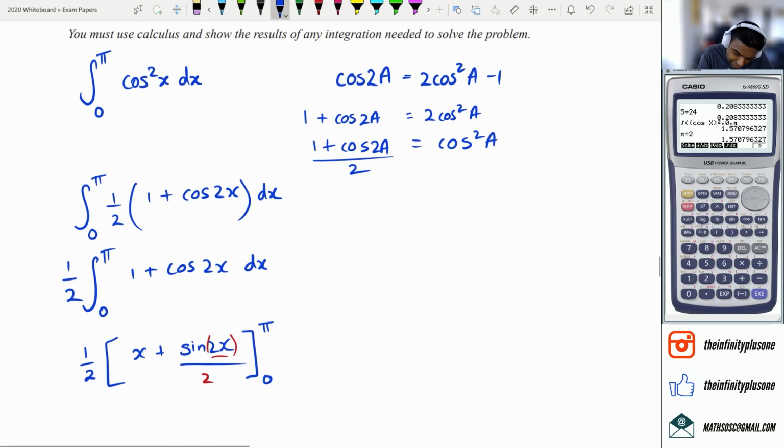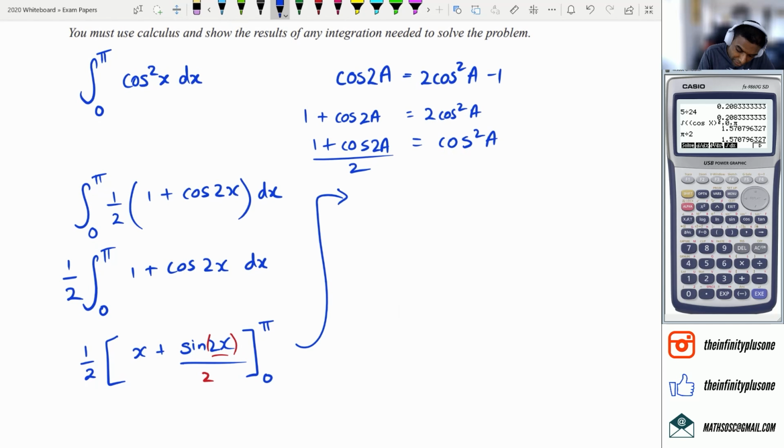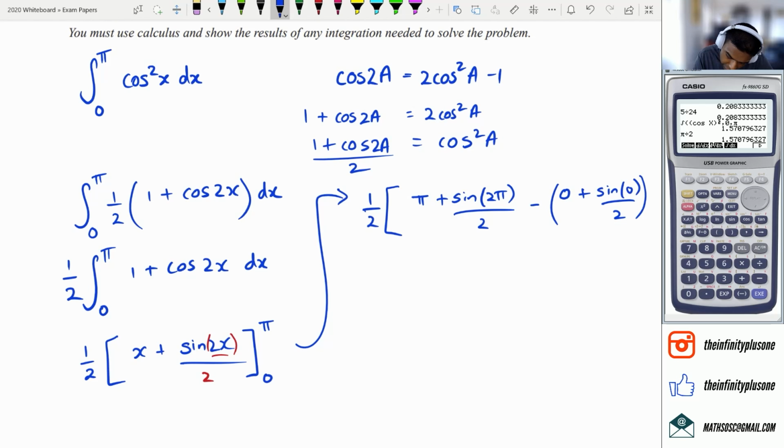Nope, don't have much space. So then I've got to expand this out. I've got half multiplied by pi plus sine 2 pi over 2, minus 0 plus sine of 0 over 2.